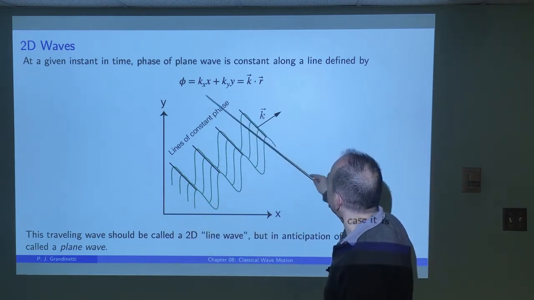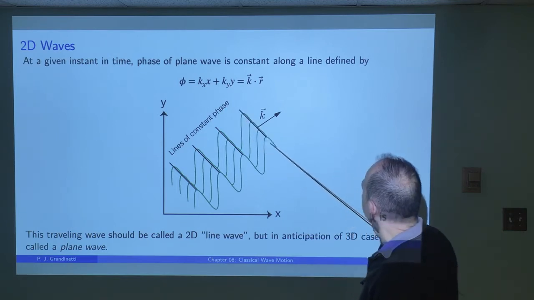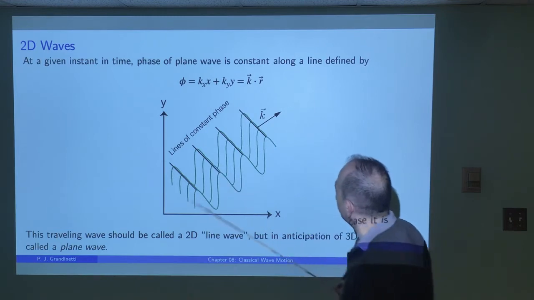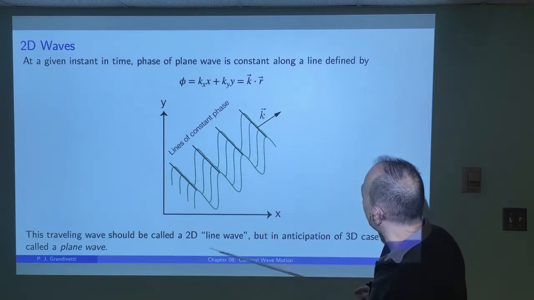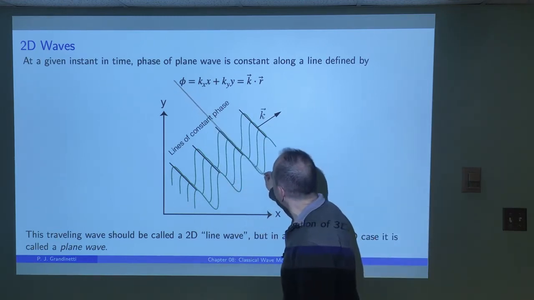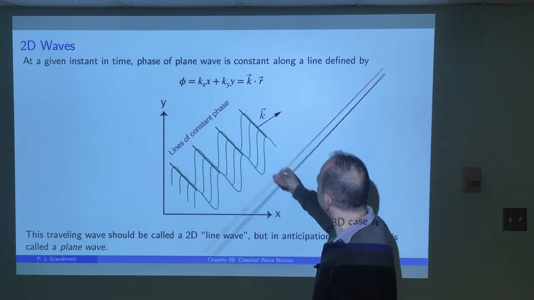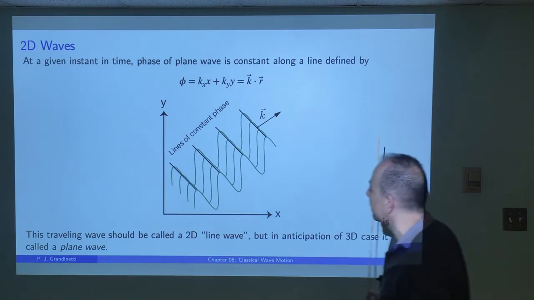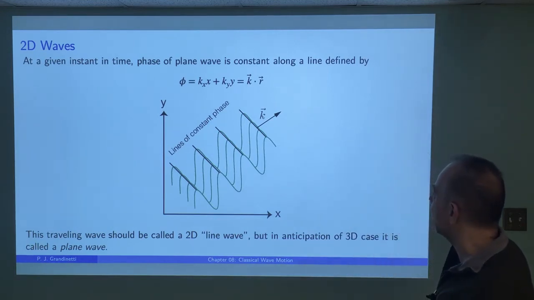And that phase is going to be constant in our wave along a line. So in other words, if we think about our two-dimensional wave, there'll be lines of constant phase, and the k will be a vector that's perpendicular to that line of constant phase, and that's going to tell us the direction in which the wave is propagating.